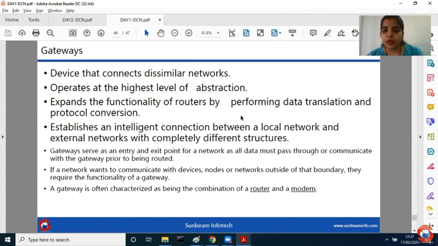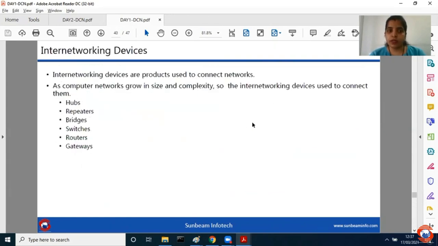Have you understood the different internetworking devices, why we use a hub? If I have a very small network, 3 to 4 devices, you can go for a hub. If I have 6 or 8 machines, I can form one network with 4 and another network with 4, and connect them using a repeater.